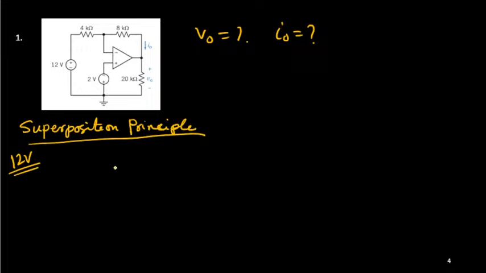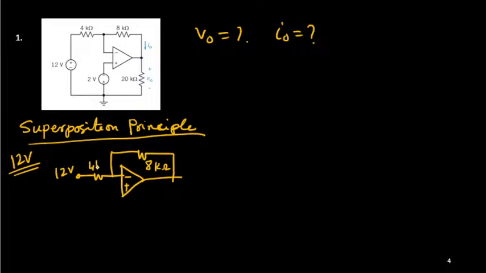Okay. So what circuit can we consider? It is minus, it is plus. This is the circuit. You can see that at this end, a 12 volt source is connected, and there is a feedback here. This is your 8 kilo ohm.